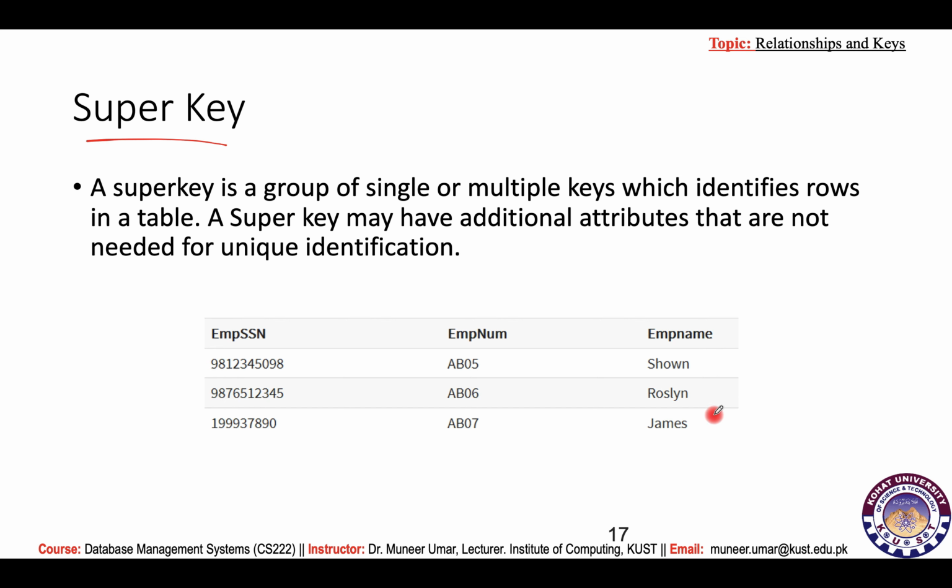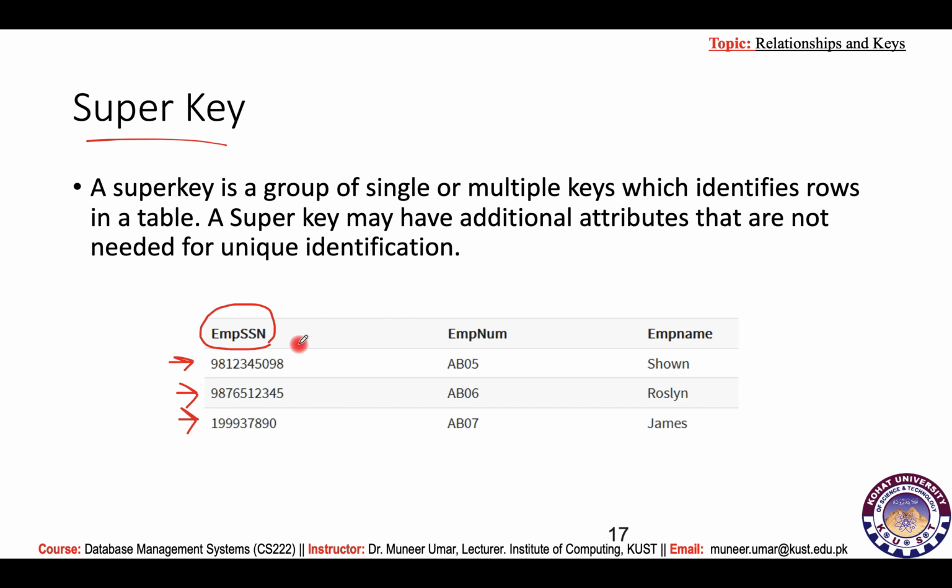Some names may repeat under this EMP name. So if we say that this attribute gives unique identification to the records, to the rows, then this can be said as a super key. Same is the case with this one.